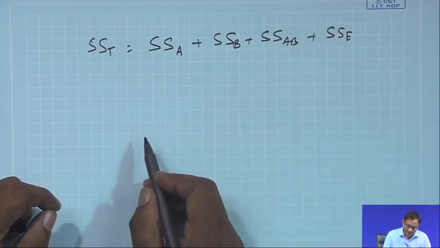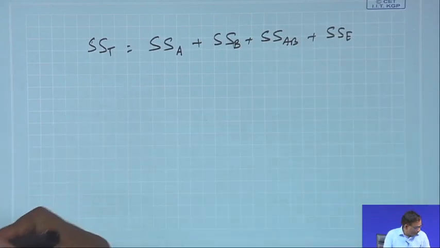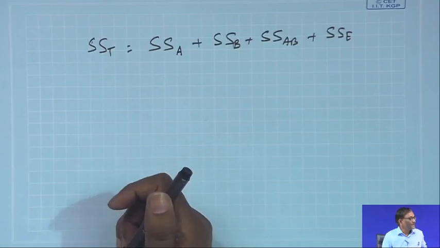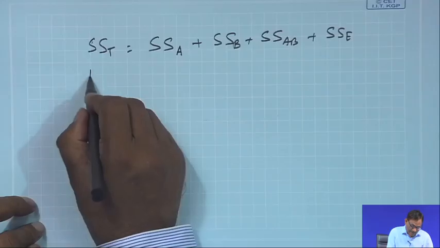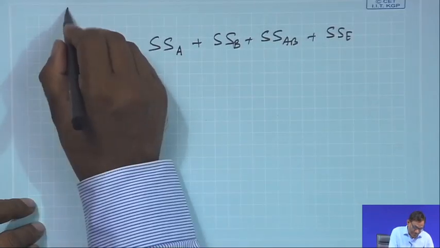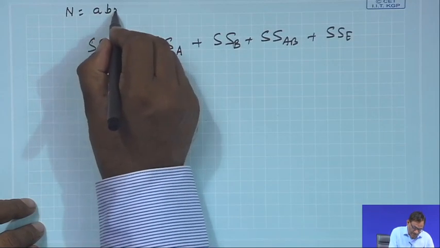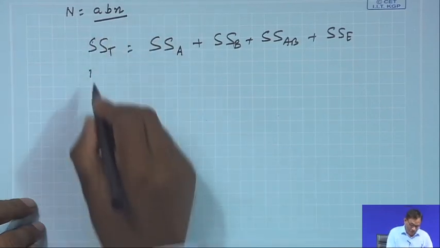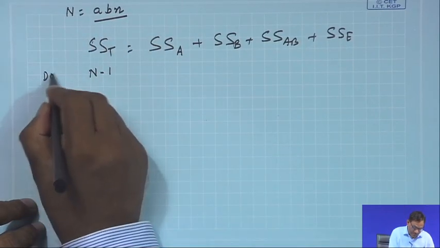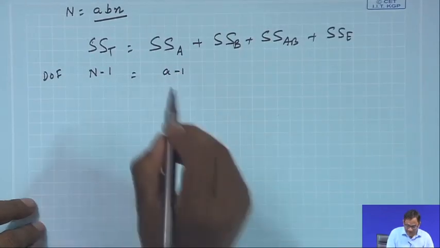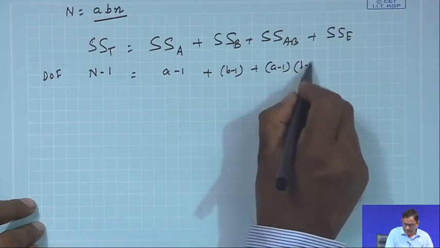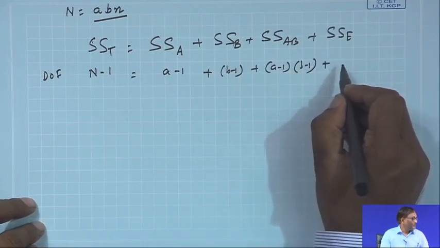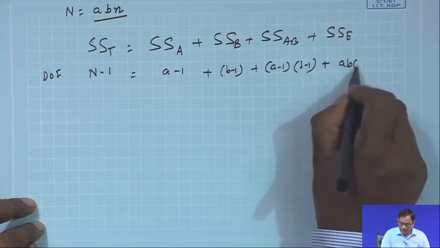Ultimately, when we talk about the one way ANOVA, the total number of observations here will be ABn. So the degree of freedom will be ABn minus 1, and this will be A minus 1, this will be B minus 1, plus this will be A minus 1 into B minus 1, and this last one will be your AB into n minus 1.